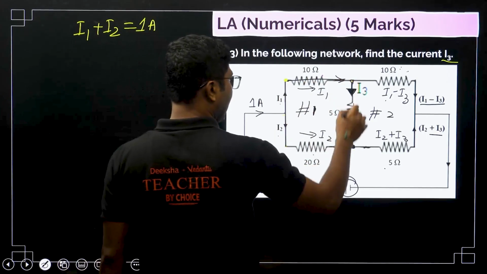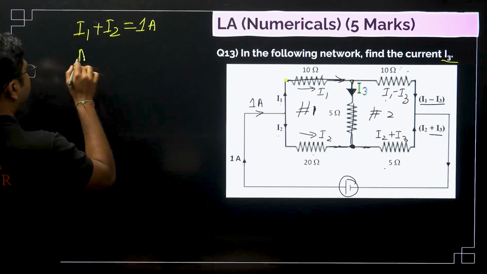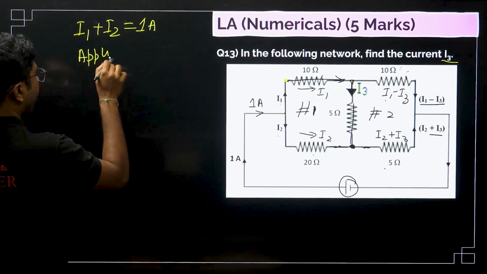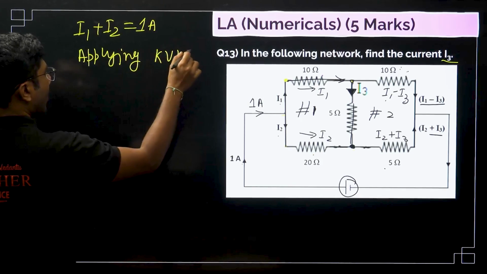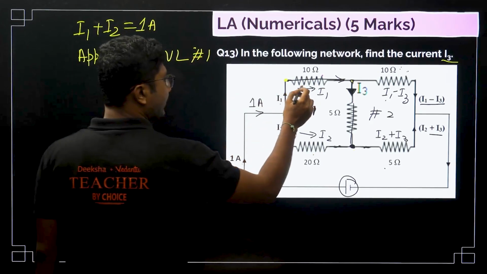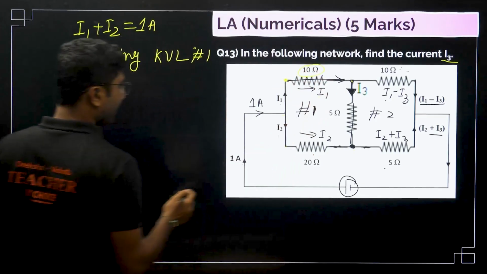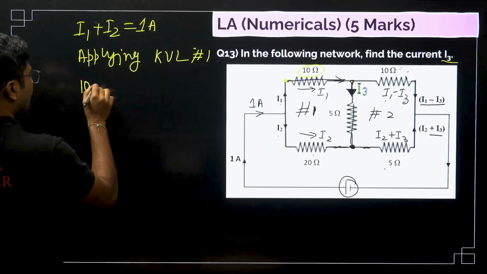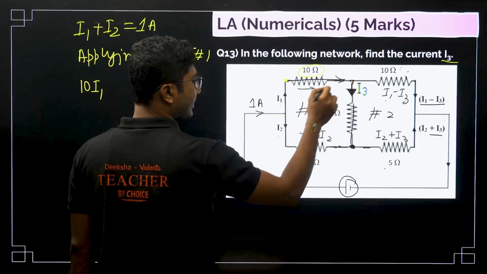So if you apply Kirchhoff's voltage law at loop number 1, we get, first we started from this point, resistance times current. So 10 I1, this is our first resistance, first station.